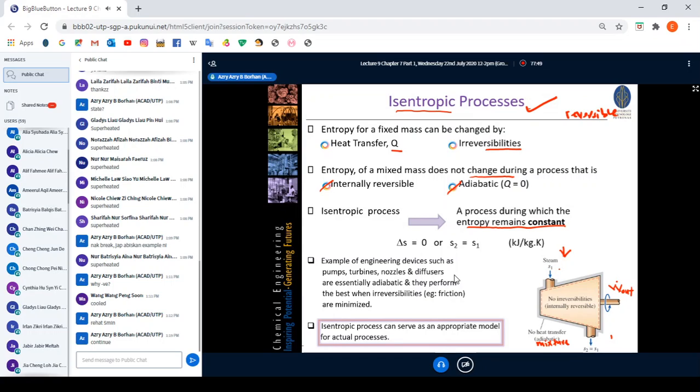The application of these devices is not just limited to turbines, but also other devices such as pumps, nozzles, and even some diffusers. All of them are well insulated and have no irreversibilities present. When that happens, the isentropic process condition occurs in that particular process.